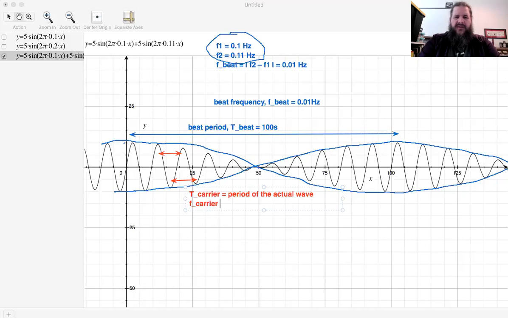And the carrier frequency is just going to be the inverse of that, which will also be the average of F1 and F2. So in this case, you take the average of 0.1 and 0.11, you get 0.105. So the frequency of these oscillations is going to be 0.105. Any questions on that so far?